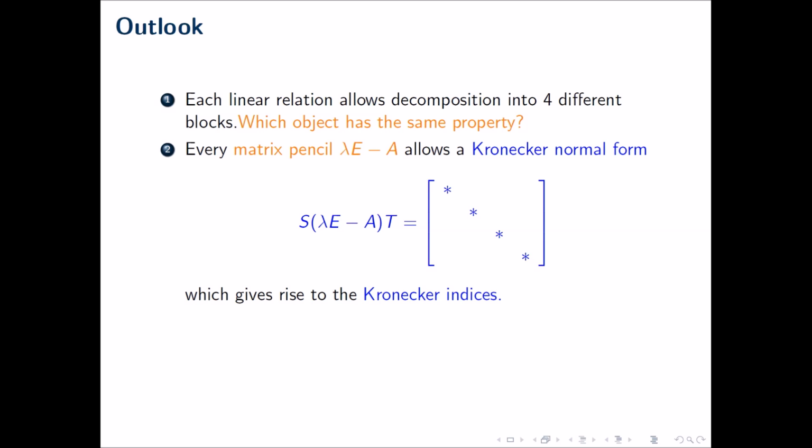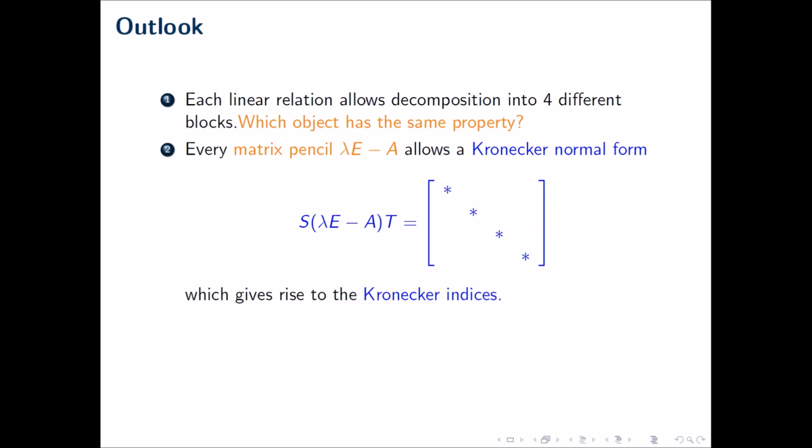If E is the identity, you have the standard matrix problem. So one part is Jordan type, one part is connected with infinity, with the eigenvalue infinity, and then there are two more with strange names, which doesn't help you. It also doesn't help me.